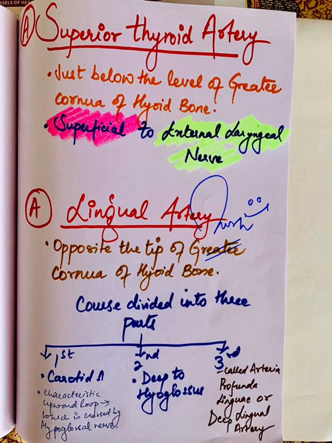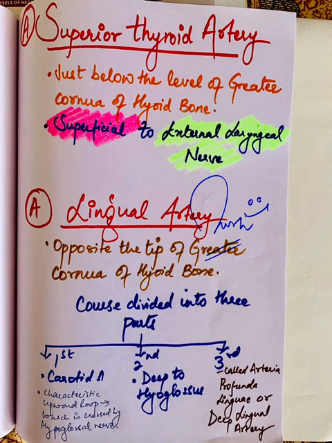Superior thyroid, just below the level of the greater cornua of the hyoid bone, you can see the superior thyroid artery. And a very, very important MCQ is that it is superficial to your external laryngeal nerve. We have already discussed this from the diagram in the WhatsApp discussion group, so it is very easy from there. I'm just rushing because I want to do more MCQs here. So, superficial to external laryngeal nerve.